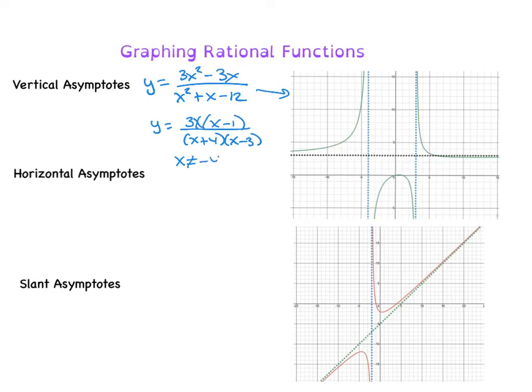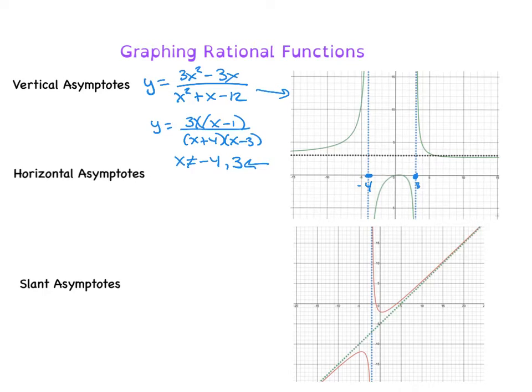So we would say that x couldn't be equal to negative 4 or positive 3. That would make our function divide by 0. And if you look closely at the graph here, those vertical asymptotes at negative 4 and positive 3 are precisely from the values that x was not allowed to be equal to.